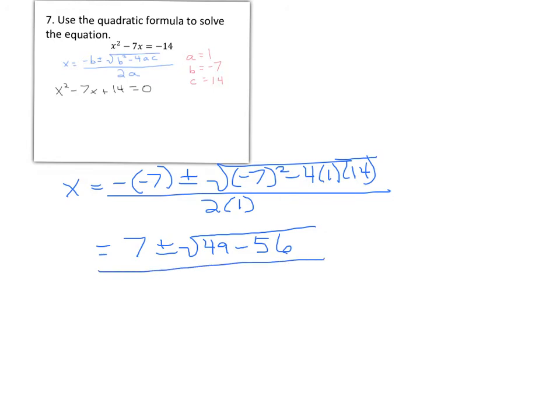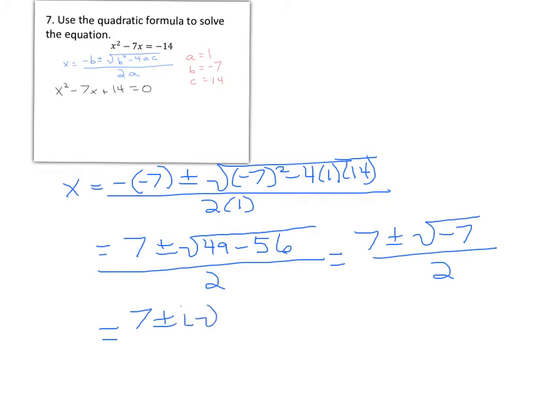All of that over 2 is going to be 7 plus or minus the square root of negative 7, over 2, which is equal to 7 plus or minus, and the negative sign becomes i.